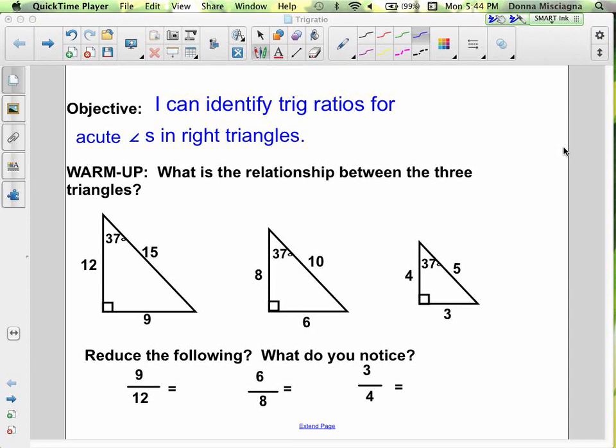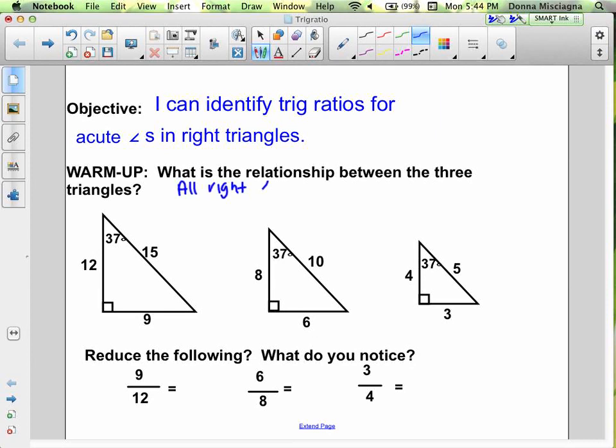And we know that they're right triangles because they have a right angle, and we know that all right angles are congruent. Right? They all measure 90 degrees. Notice also that each of these triangles has a 37-degree angle, and all 37-degree angles are congruent.